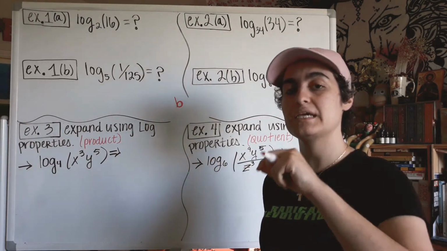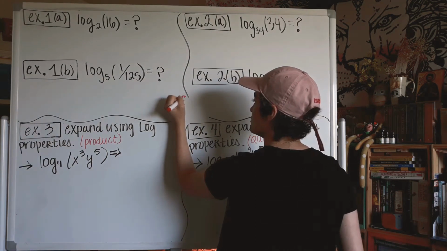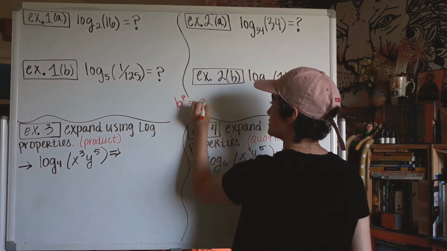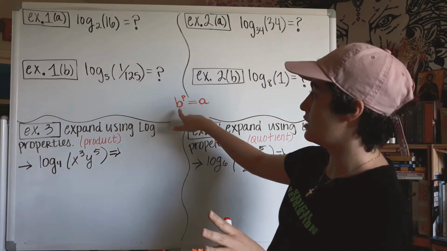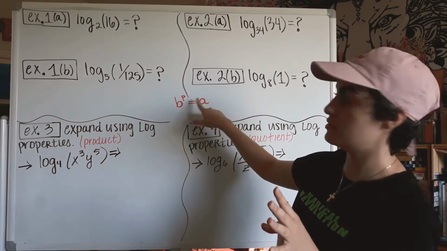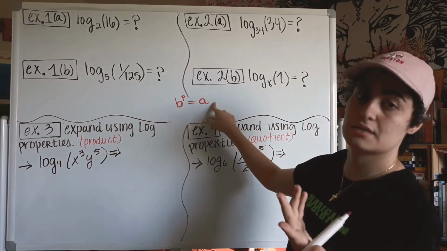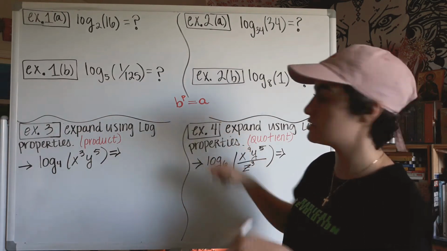P for power. Okay, that's your exponent, equals your answer. Okay, this can take any form, as long as this is your base, this is your power, and this is your answer. So anything raised to anything is going to give you an answer. And I just gave them letters that make sense.